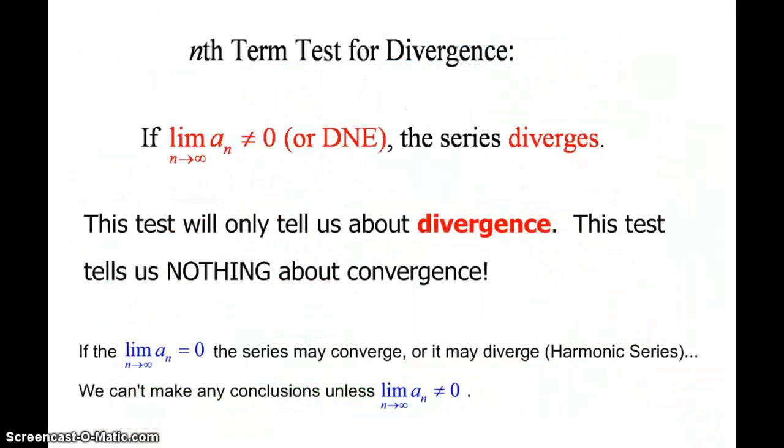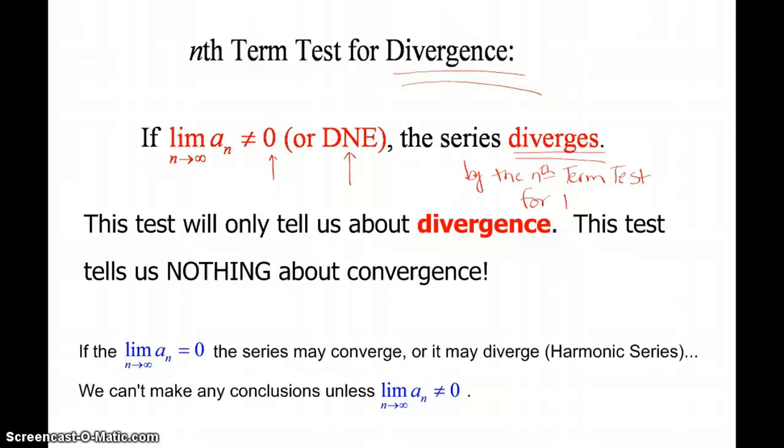So this is called the nth term test for divergence. You are testing for divergence only. This test can never tell you anything about convergence. So if you run this limit and you get any value out of this limit besides 0, or you can't evaluate this limit, your nth term's jumping around all over the place and the limit doesn't exist, then your series diverges by the nth term test for divergence.